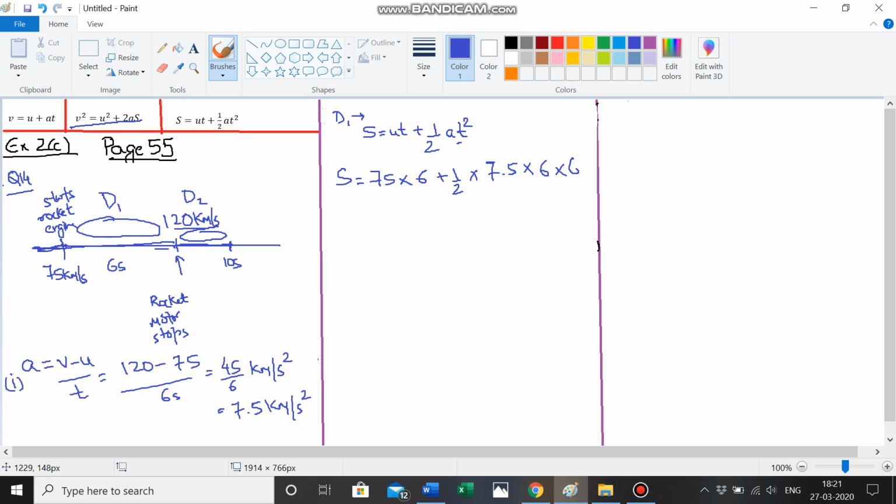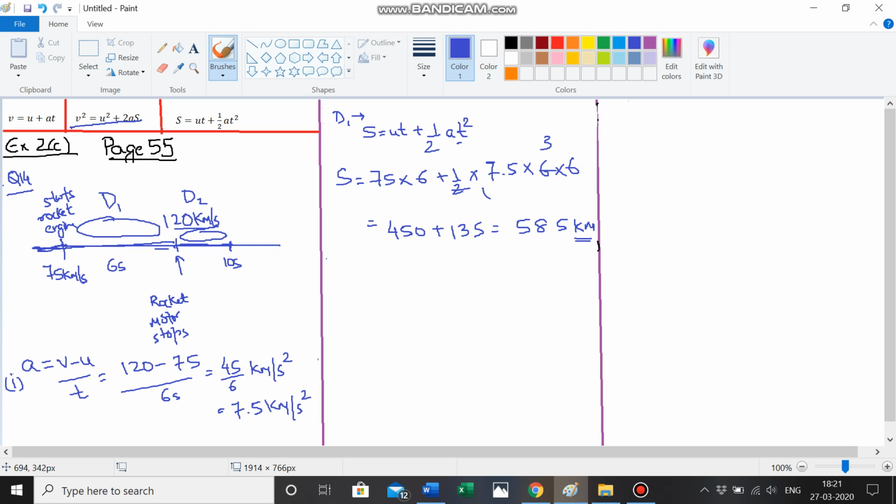So 6 into 6, 75 into 6, that's 420 plus 30, that's 450, and 18 into 7.5, that's 135. So that's 450 plus 135, that's 585 kilometer. The units were kilometer, so this is kilometer.